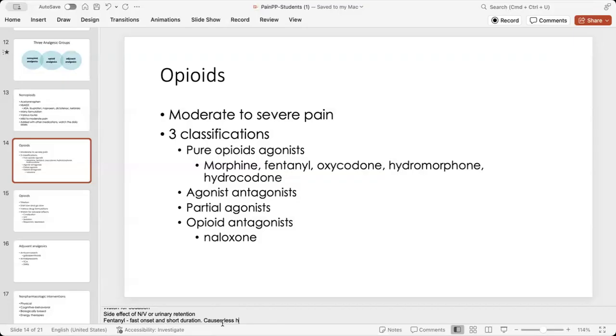So you don't have any changes in your blood pressure, your heart rate. It also doesn't have any metabolites, so it's good for clients who are in end stage renal disease, end stage liver disease, right? It doesn't involve any metabolites, so it's a good medication for those clients who have end stage organ failure.